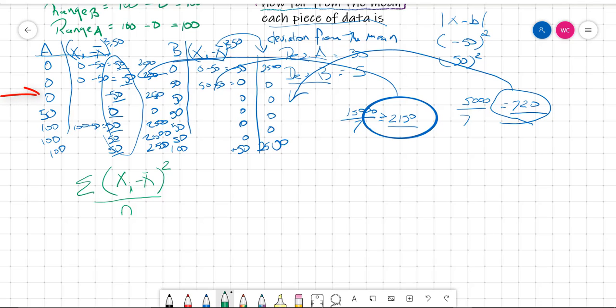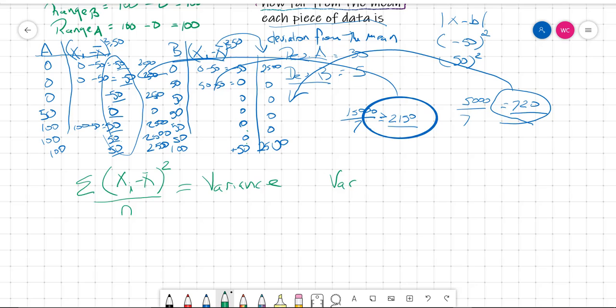And we did that for this one, and we did that for this one, and we found that this one had more spread than this one. So this is called the variance. What we just did is called calculating the variance. Let's use just VAR because I don't want to write so much.